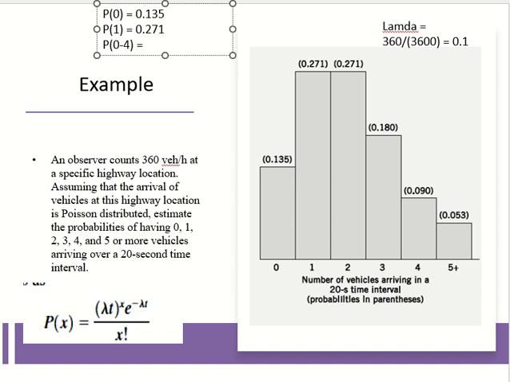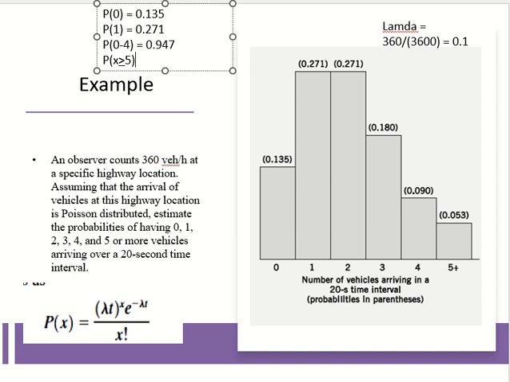How much is that, up to 4? 0.947. So from 0 to 4 is 0.947 and whatever is remaining is 5 and more.